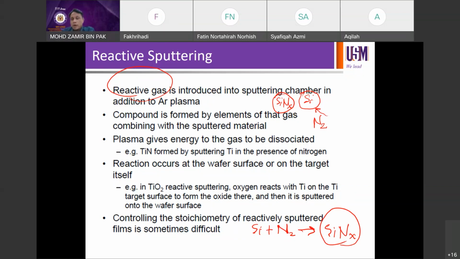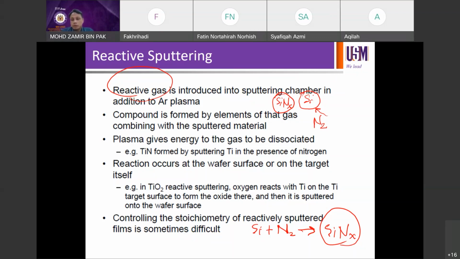There are cases where you need to use silicon nitride as your target material, and there may be cases where you have to use silicon plus nitrogen in order to get silicon nitride. So it really depends on what sort of properties you are looking at. For example, if you are working on an optical layer based on silicon nitride, then probably you are interested in the refractive index, stoichiometry, extinction coefficient, or if you use it for some thermal devices, maybe the thermal process parameters.